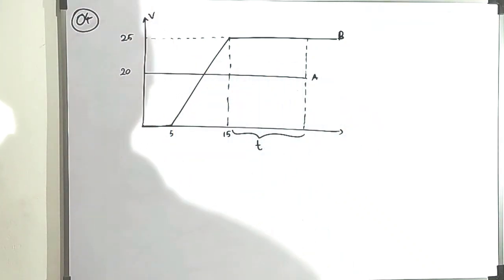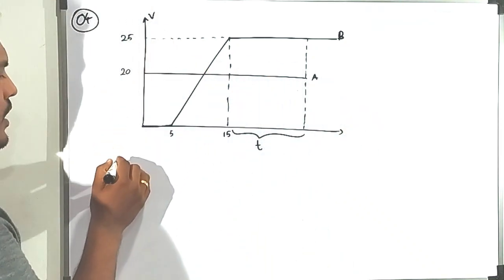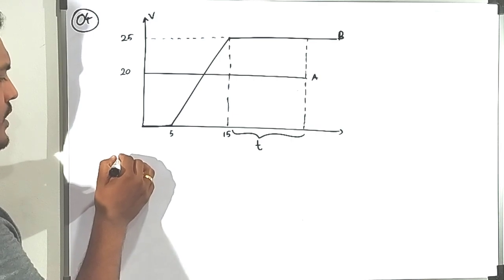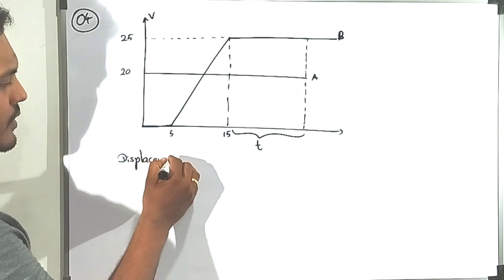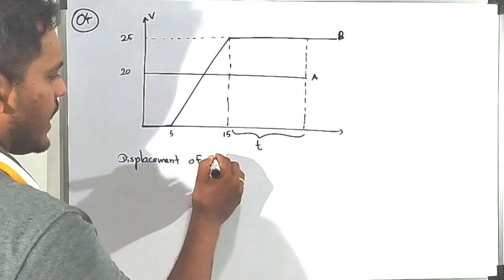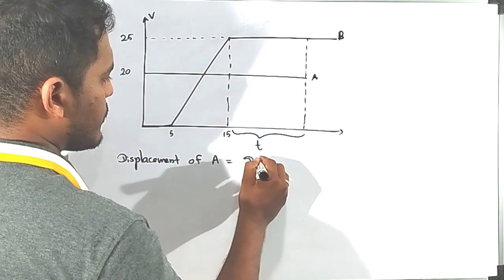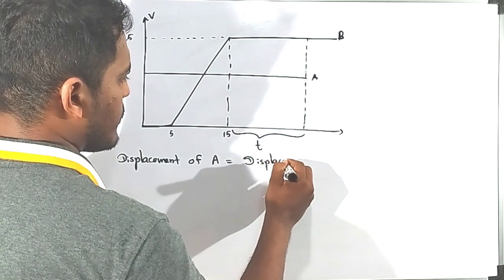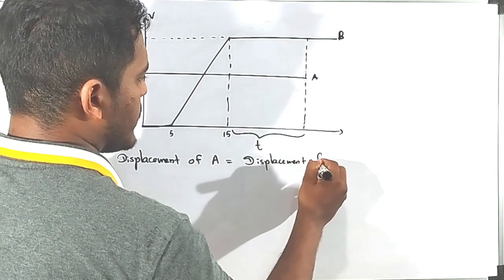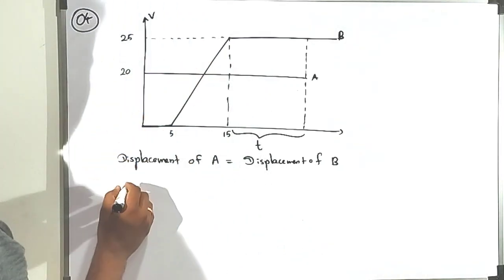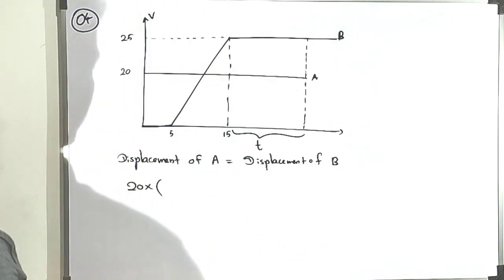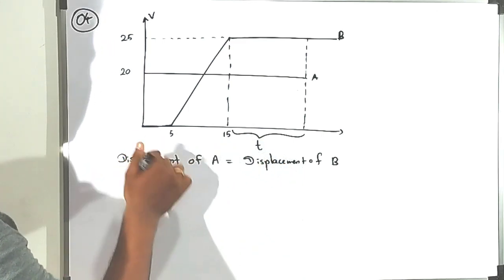Then the displacement of the motor vehicle A should be equal to the displacement of B. Here displacement of A equals 20 into T plus 15.